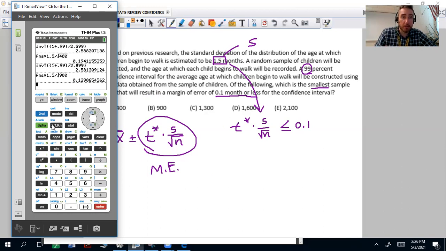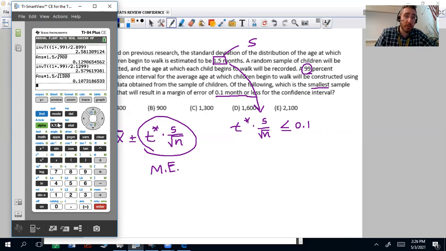So we'll do 1300 next. Second vars, inverse t. So that'll be 1299. It's always 1 less. Multiply that by 1.5 divided by the square root of 1300. And we're pretty close to 10%, but it says 0.1 or less. So that's not going to cut it.